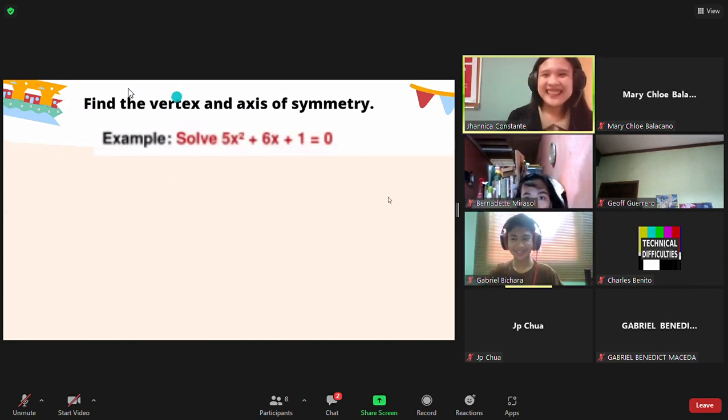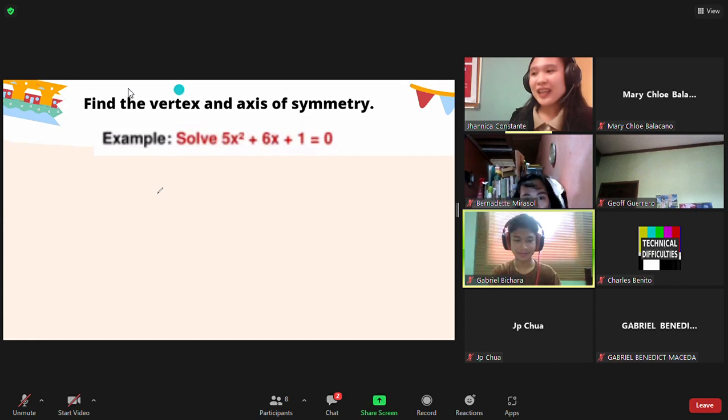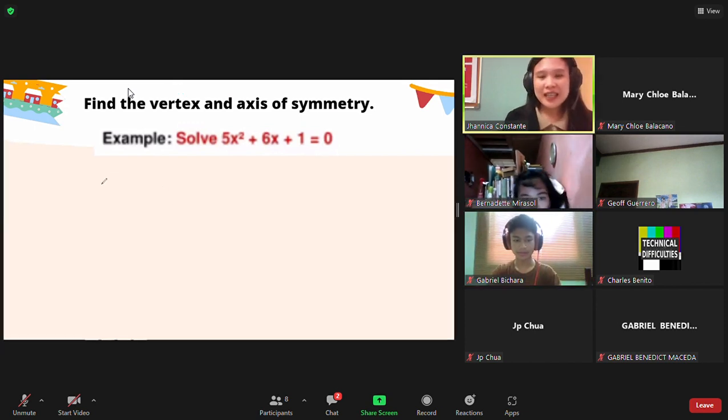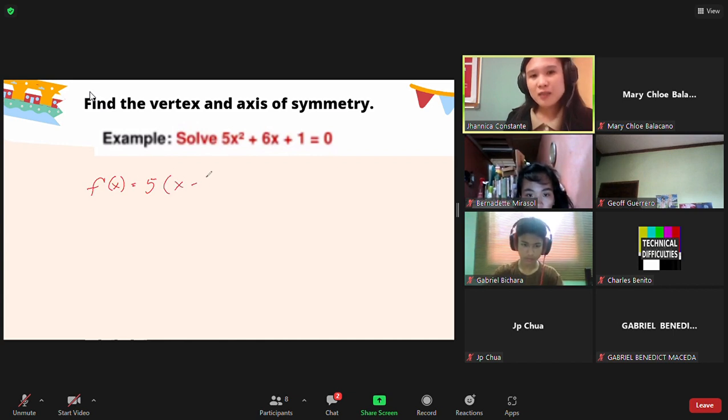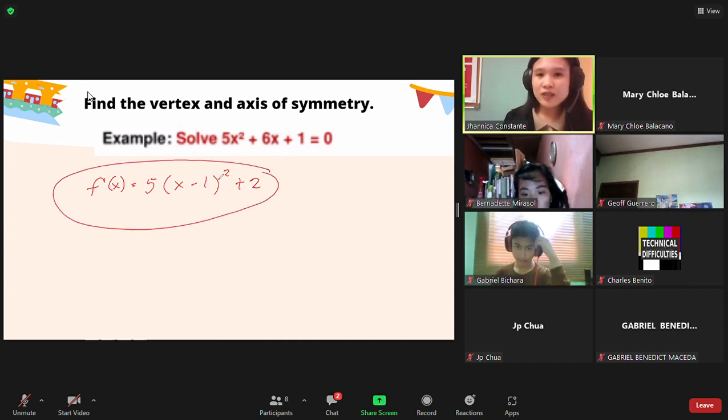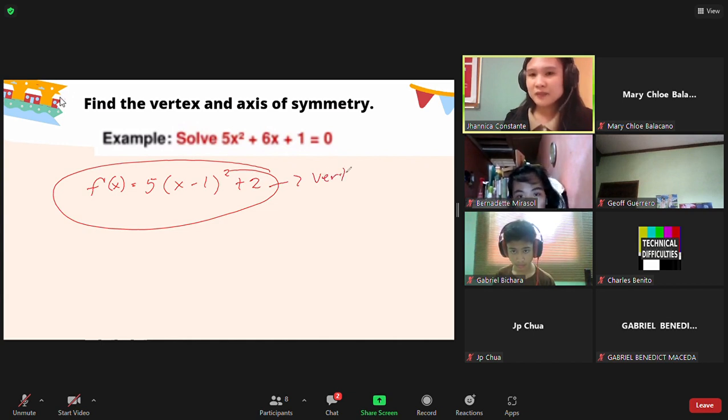Okay. You're only going to get the opposite sign of the vertex if the equation is written in vertex form. For example, we have f of x is equal to 5 times x minus 1 squared plus 2. Since this equation is written in vertex form, that is the time that you're going to get the opposite sign of your h or your x.